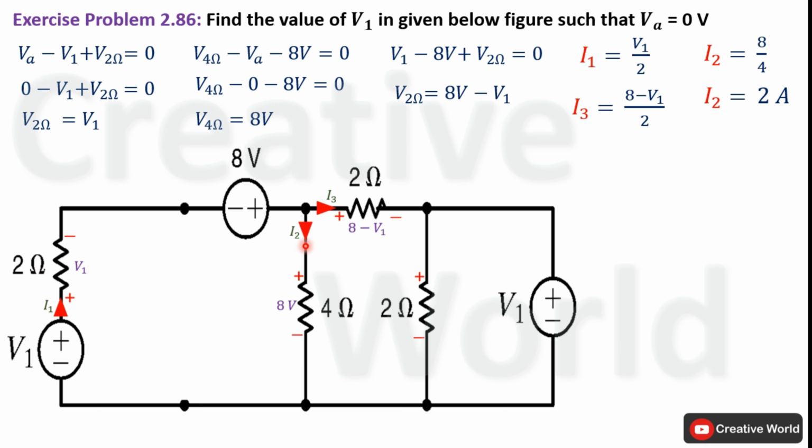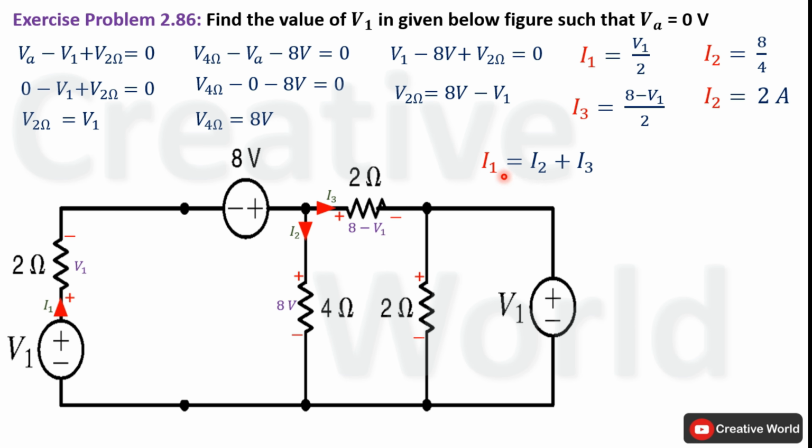And the value of I2 is 2 ampere, while the value of I3 is equal to the current through this 2 ohm resistance that we have calculated, labeled as I3. KCL equation for this particular node will be I1 is entering current while I2 and I3 are leaving currents. So I1 will be equal to I2 plus I3.